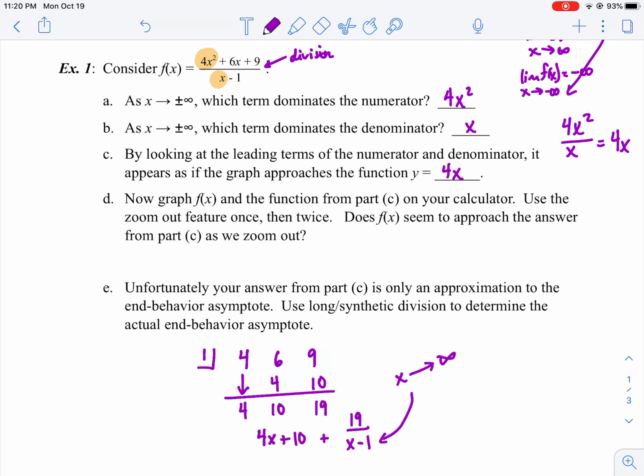So this part essentially drops out. As I go to infinity, that part is completely negligible. And so this becomes what we call a slanted asymptote. It's an asymptote, but it is a slanted line with a slope of 4.